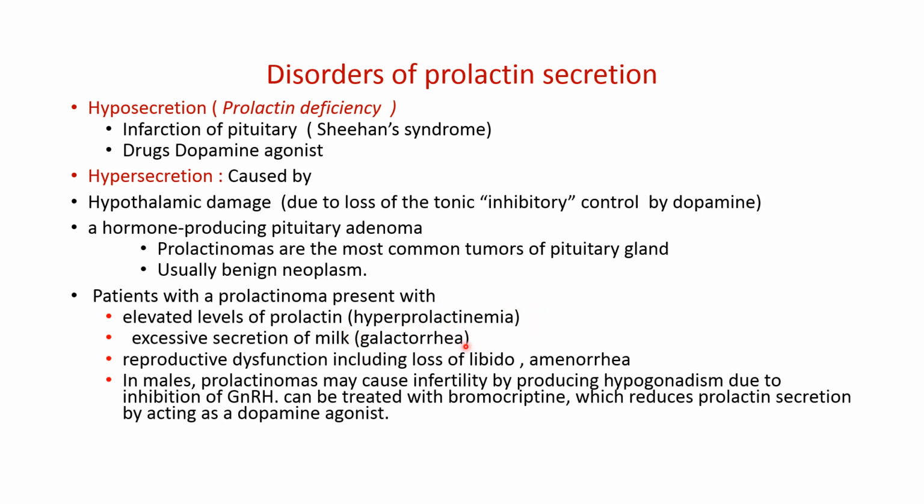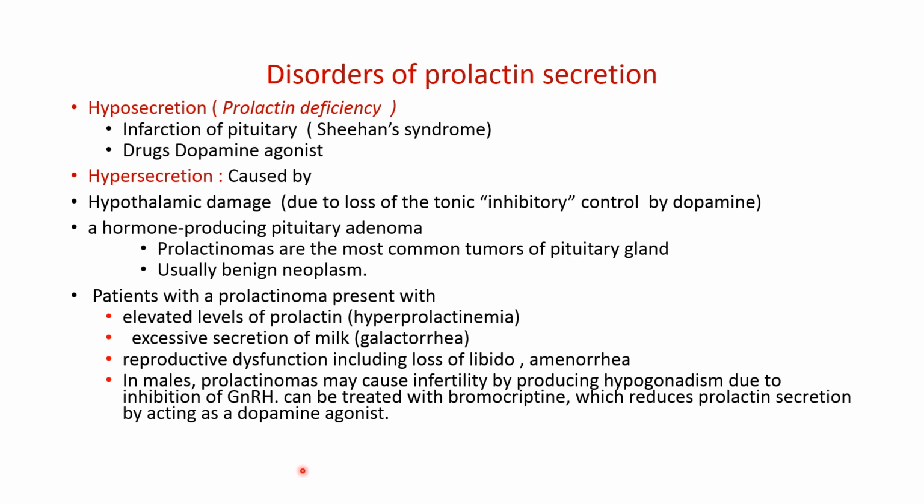A patient with hyperprolactinemia, with elevated levels of prolactin, has excessive secretion of milk, or galactorrhea, and reproductive dysfunctions, including loss of libido and amenorrhea. Amenorrhea means lack of menstruation. In the male, hyperprolactinemia may cause infertility by causing hypogonadism due to the inhibition of GnRH by prolactin.